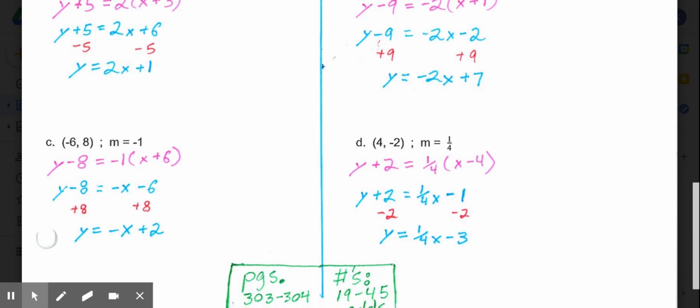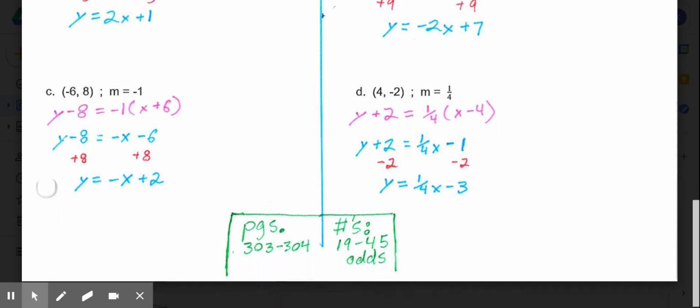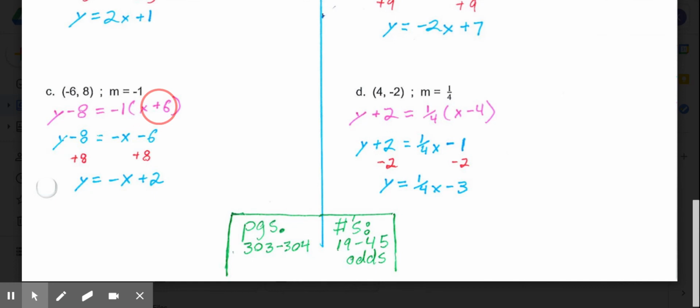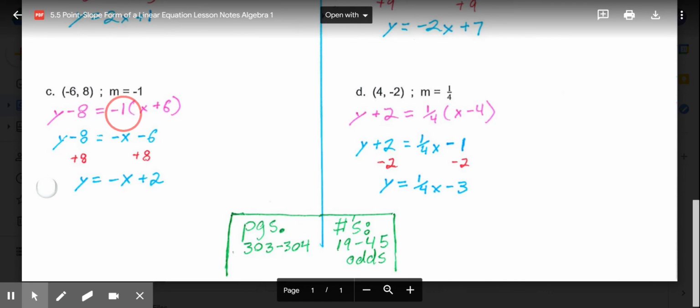So then in C, we have the point -6, 8, slope of -1. So the 8 goes in for y1, -6 for x1. So we end up with y minus 8 equals a -1, then in parentheses, x plus 6 from the x minus -6. Then I need to distribute my -1 to the x and the 6.